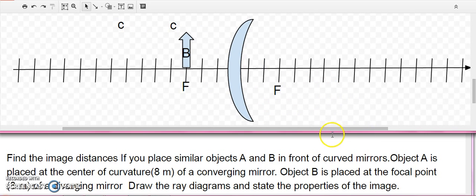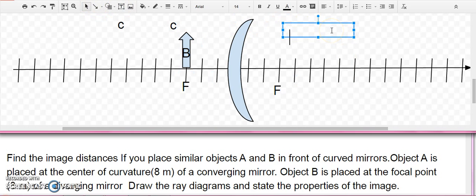Also, we need to place the center of curvature, which is double F. So, F equals C divided by 2, again, but solve for C. So C equals F times 2. That equals F of 3 times 2 would be 6.